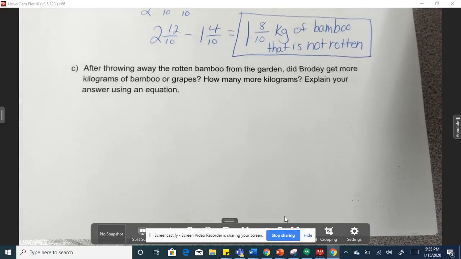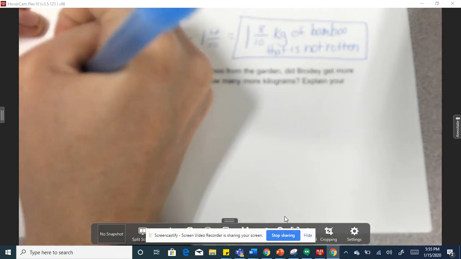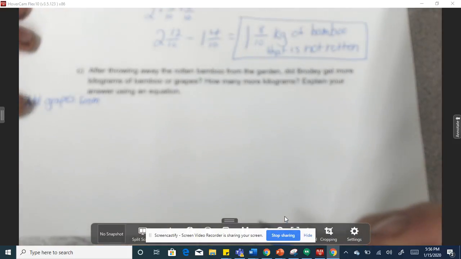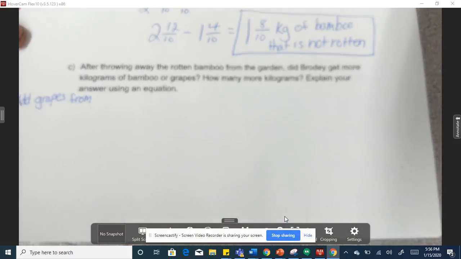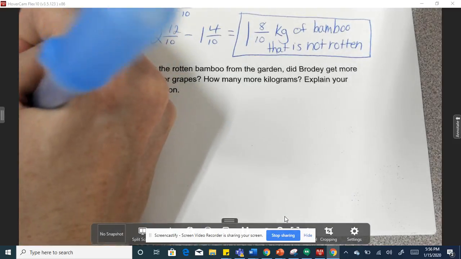I'm going to go back down here. Okay, so I like to label to keep my things organized. So I'm going to say we're going to first add the grapes from the morning. So I'm just writing it over here. Add grapes from morning and afternoon.